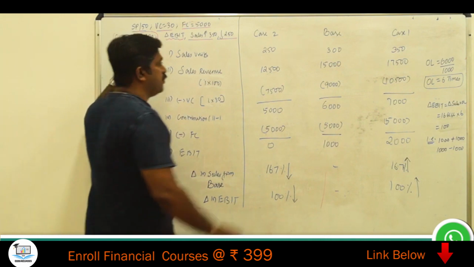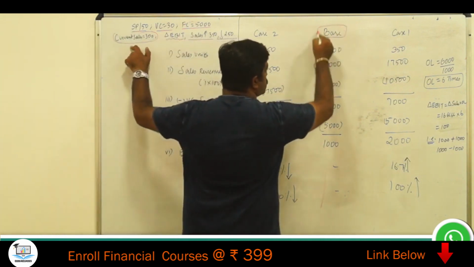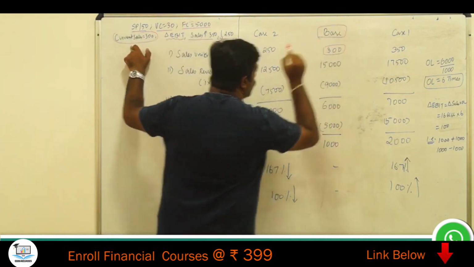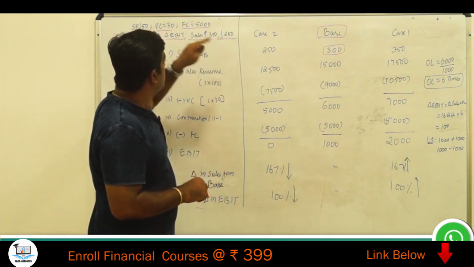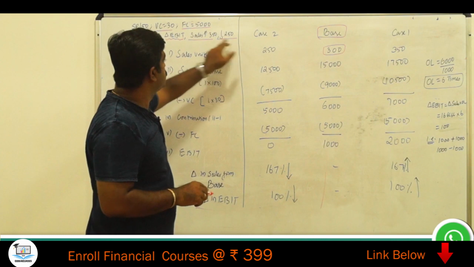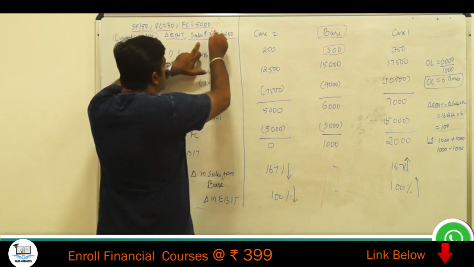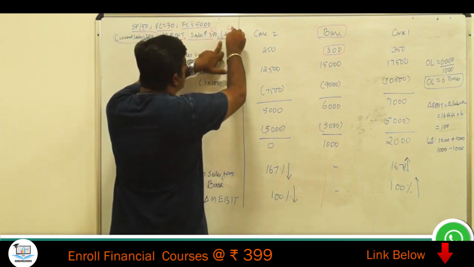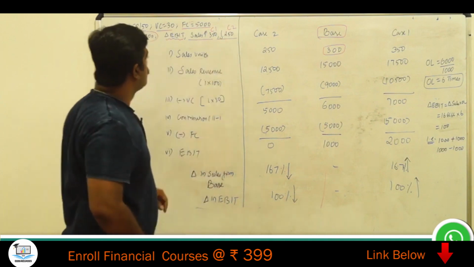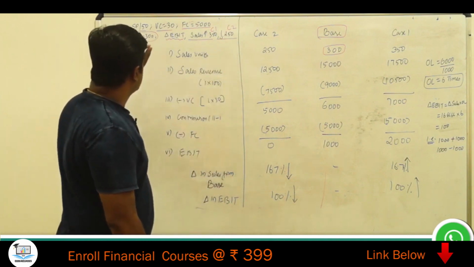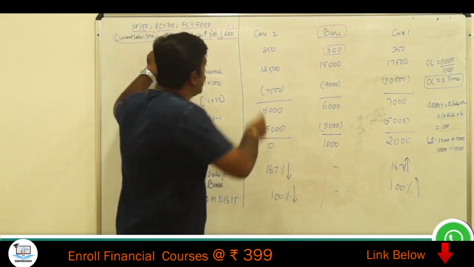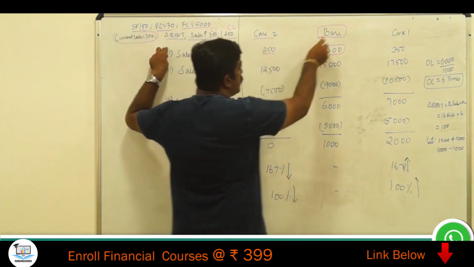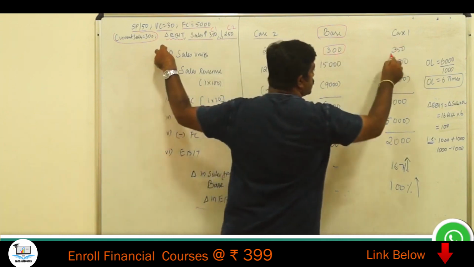So this scenario we will call as base case, because sales units are 300, and we have two scenarios: when sales increase, we'll call this case 1, and when sales decrease, we'll call this case 2. Right. Now let's analyze. First, we'll capture the sales units. In case 2, it is 250. Base case 300. Case 1, it is 350.